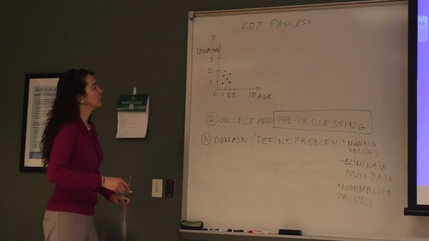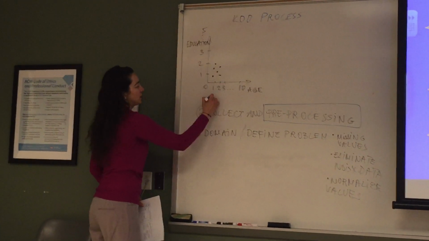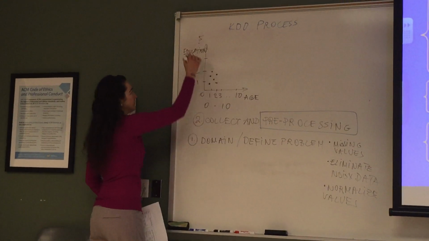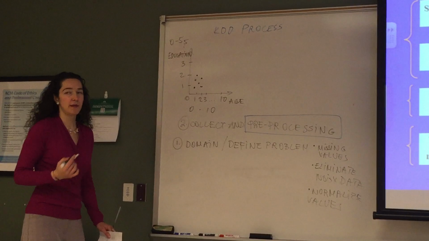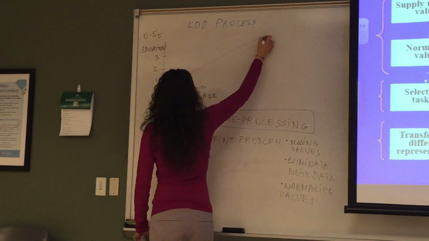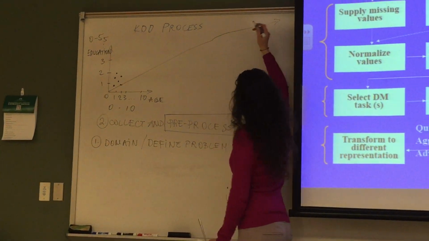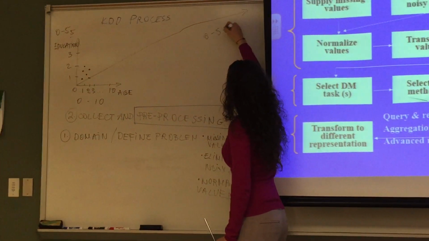Now, the values for age and education, this one is from 0 to 10, this one is from 0 to 5. But then we have some other description of these customers that is from 0 to 5 million.